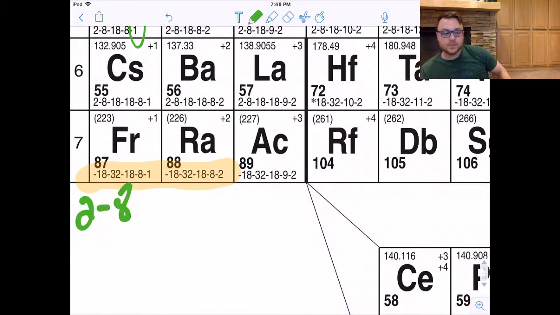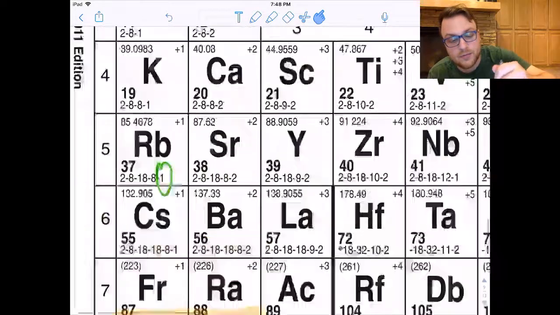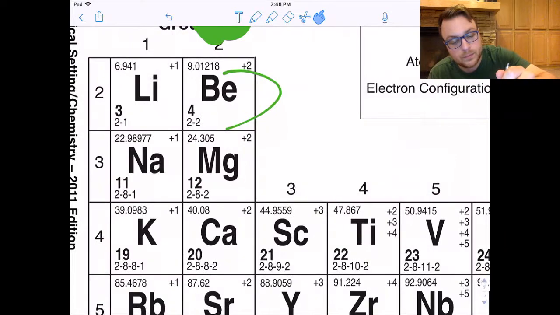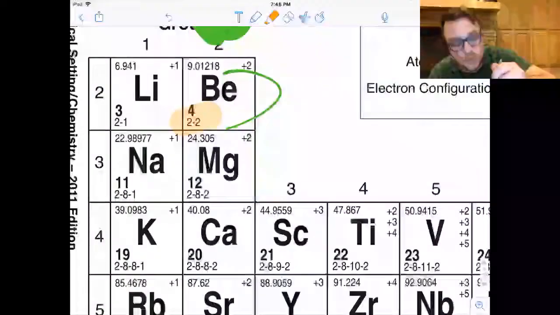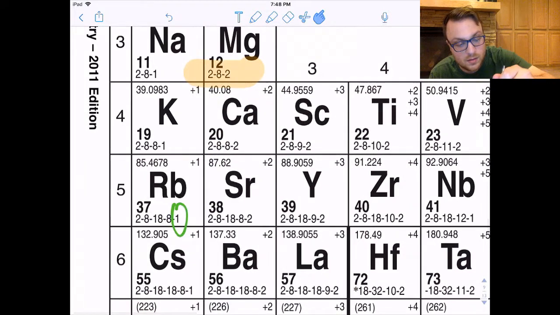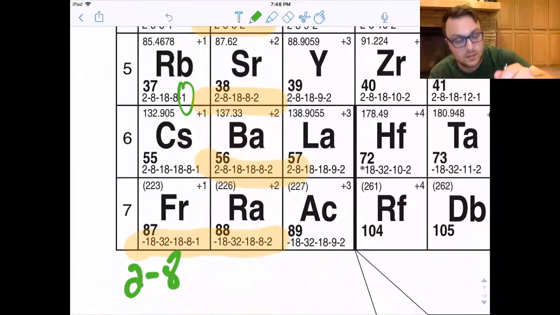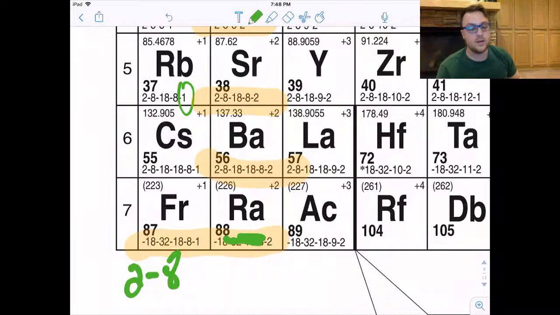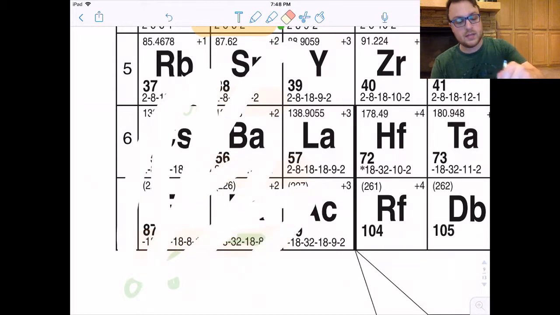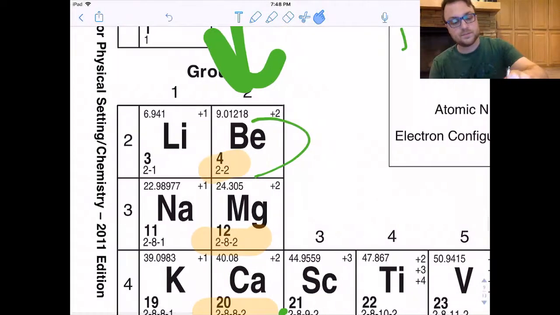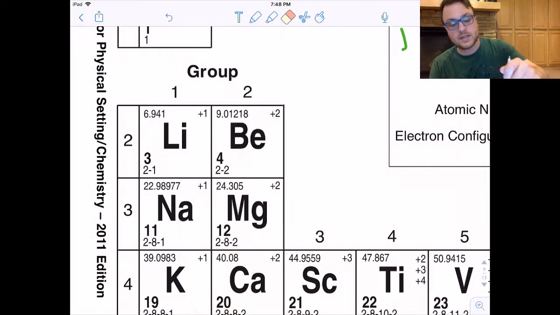But they're still there. So just keep in mind every time you go down a group, so let's take Be has 2 energy levels, 3, 4, 5, 6, 7 in radium. So every time you go down the group, the energy levels will increase by 1 each time. So that's something good to keep in mind on the periodic table.